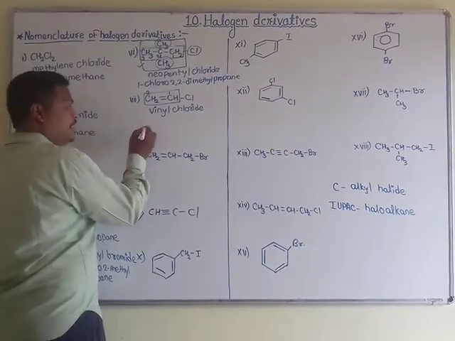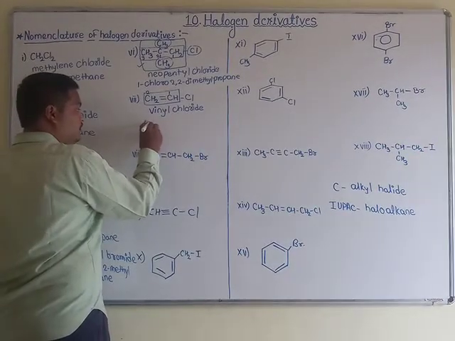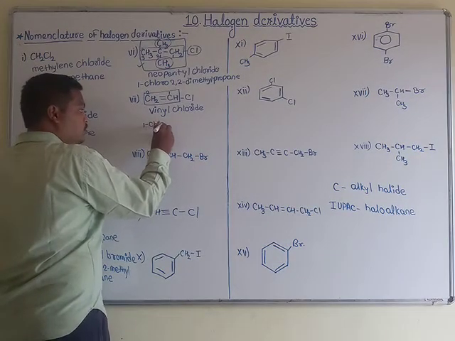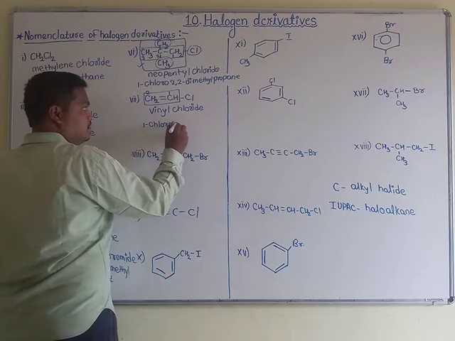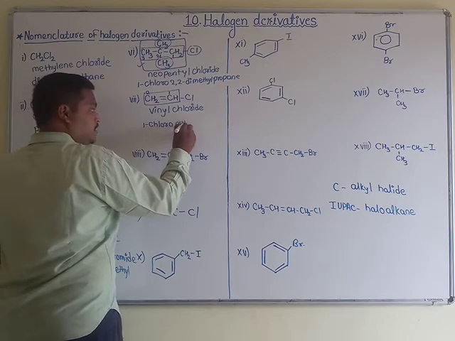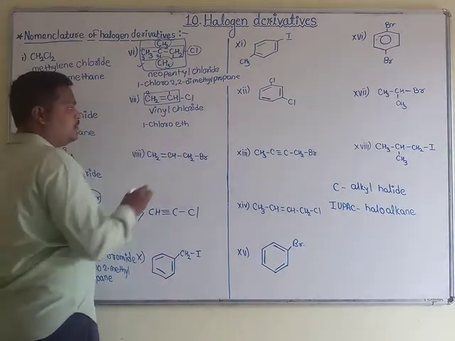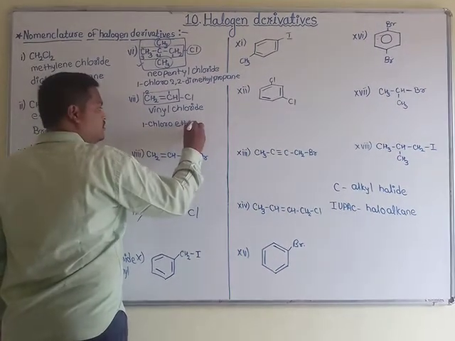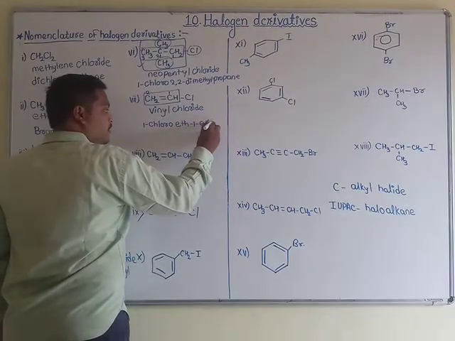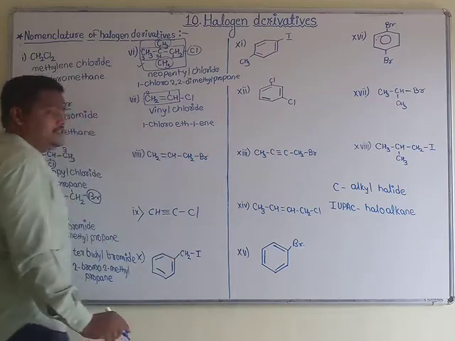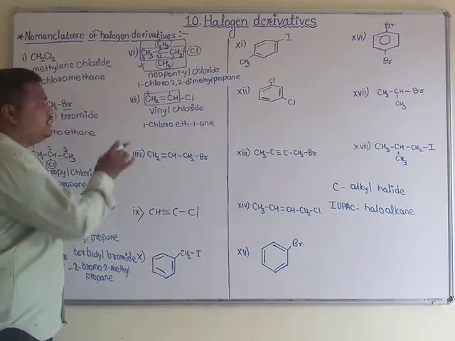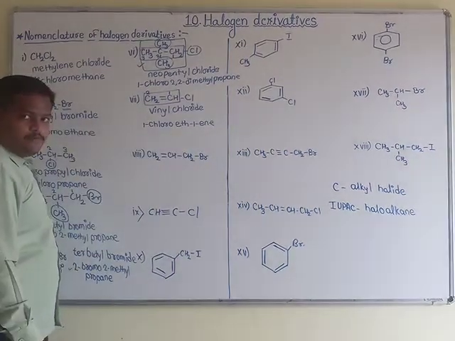Therefore, its name is 1-chloro, eth for the alkyl group. On the first position there is a double bond. Therefore, 1-ene is the correct proper name for this compound.